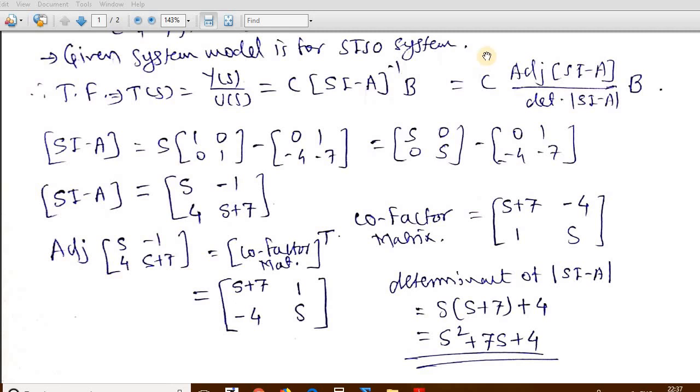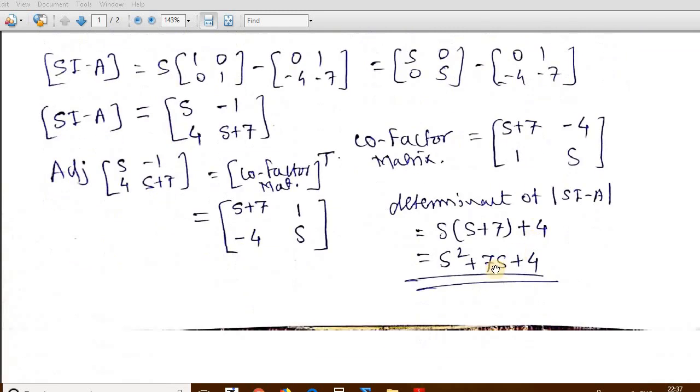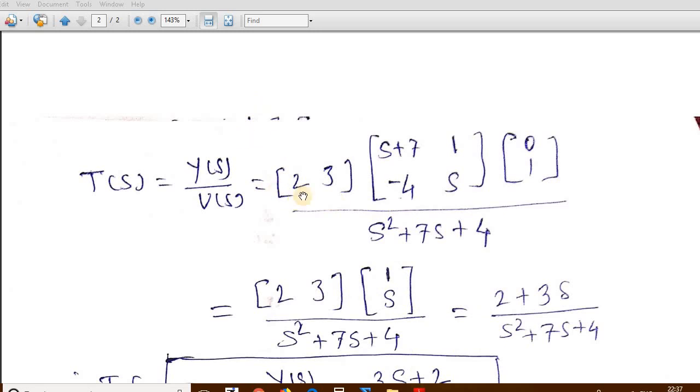Now we put everything into the formula. This is my C, [2 3], this is the adjoint of sI minus A, and this is matrix B, with the denominator s square plus 7s plus 4, the determinant of sI minus A. First we solve the adjoint of sI minus A into B. Multiplying these two matrices, the first element is (s plus 7) into 0 plus 1 into 1, which is 1, and the second is minus 4 into 0 plus s into 1, which is s.